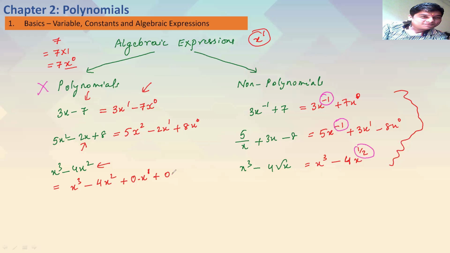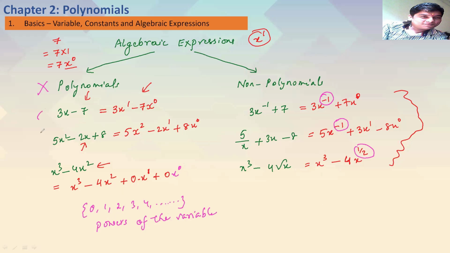In polynomials, you can only have whole numbers as powers: 0, 1, 2, 3, 4. Only these are allowed as powers. Powers of what? Powers of the variable. Are you getting me?